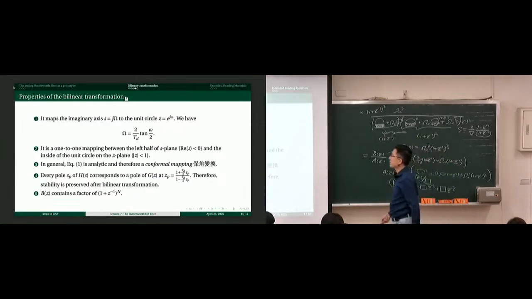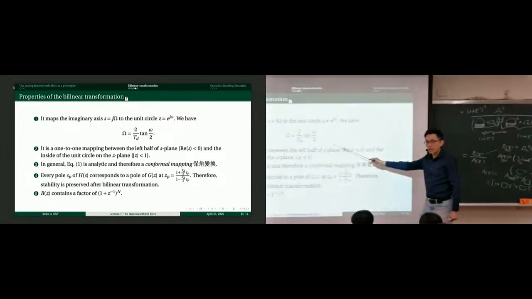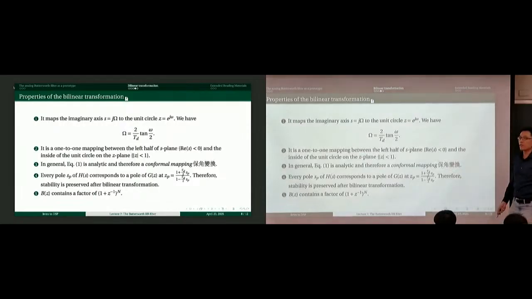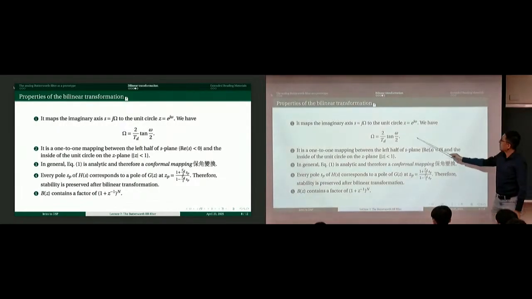But that's a natural property of the tangent, right? Tangent does that, okay? Or the other way around, tangent maps the finite interval of 2 pi to the entire set of real numbers, okay?